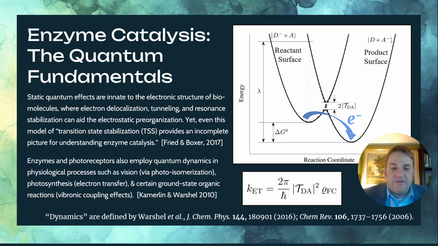And the dynamics, the true electron dynamics, are accounted for by that T_DA, the electron transfer factor, the coupling matrix element. Enzymes and photoreceptors often employ quantum dynamics in physiological processes such as vision, photosynthesis, and even certain ground state organic reactions where dynamics can play a role.